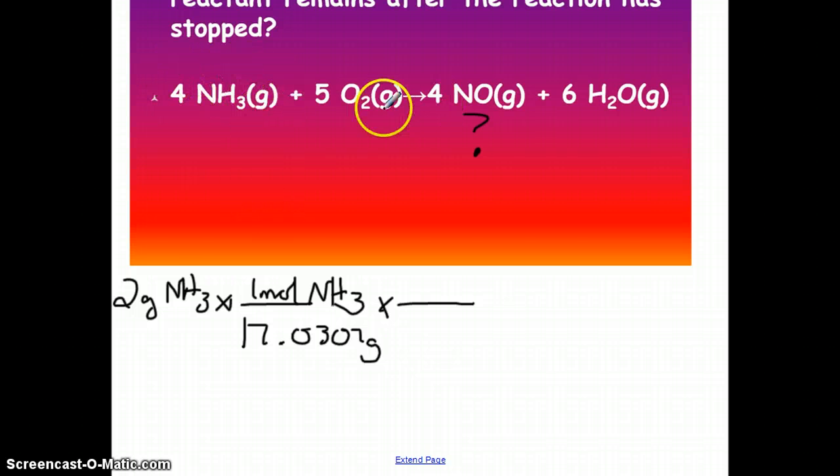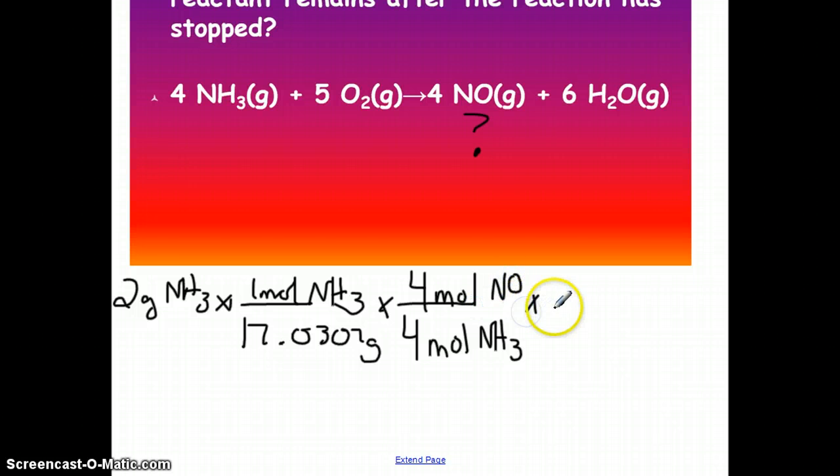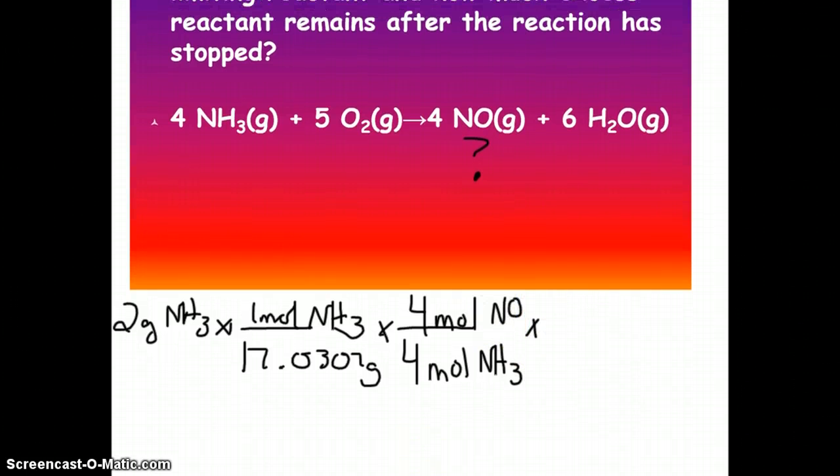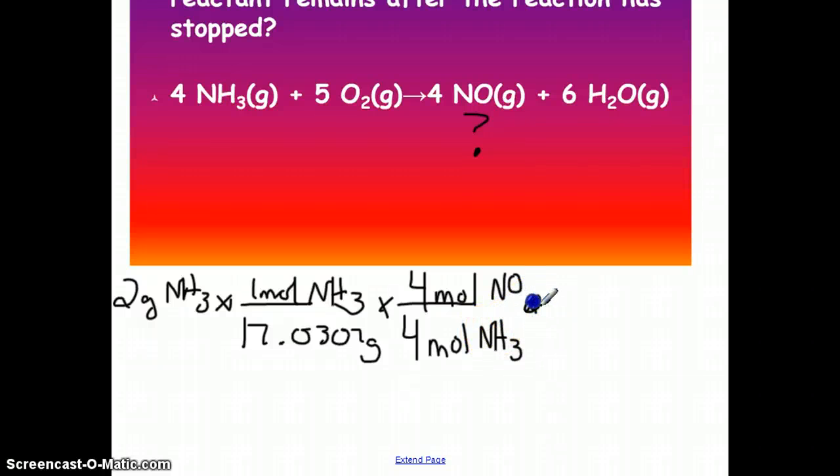So we got 4 moles NH3 to 4 moles NO. Because it didn't ask us for grams, I'm just going to stop at moles, make my life a little easier. So I'm just going to stop right here and go ahead and equal this out. We would produce 0.117 moles of NO if we had 2 grams of NH3 and it was all used.